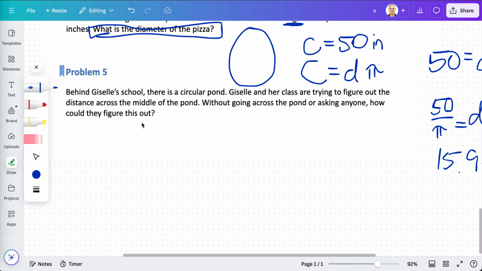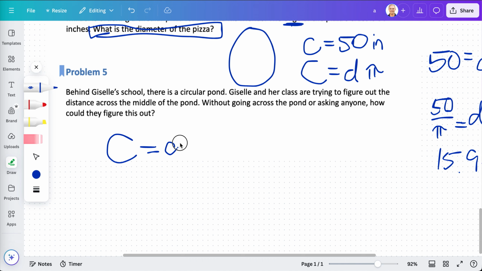Problem number 5. Behind Giselle's school, there's a circular pond. Giselle and her class are trying to figure out the distance across the middle of the pond. Without going across the pond or asking anyone, how could they figure this out? Well, we know this.